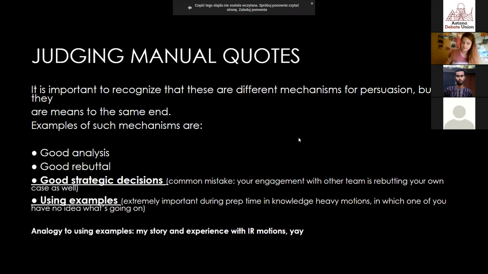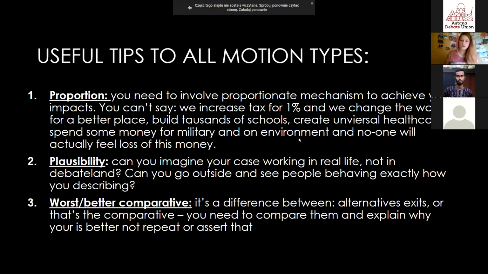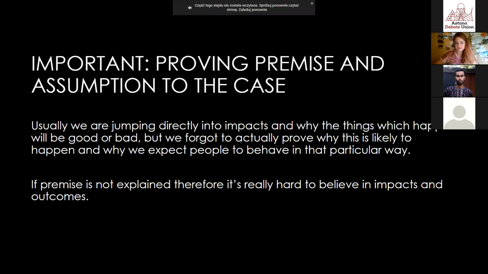Okay. So this also applies to all of the motion types and in general to all of the debates: proving the premise and assumption of the case. Usually people jump directly into impact because this is something you can assert automatically. When you are standing in the auditorium, or when you are seeing the motion posted, you are like, oh yeah, this is what the debate will be about.